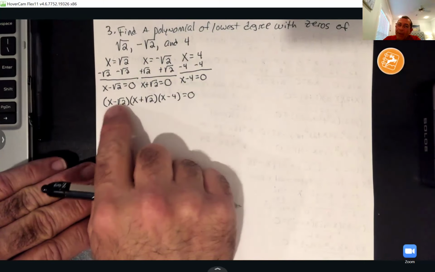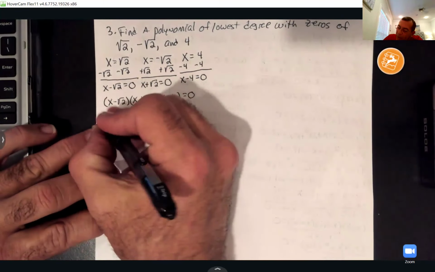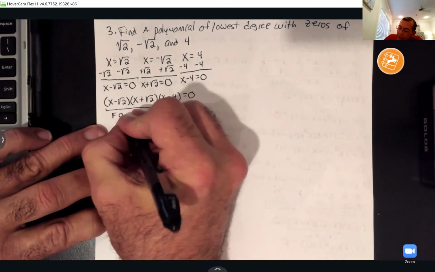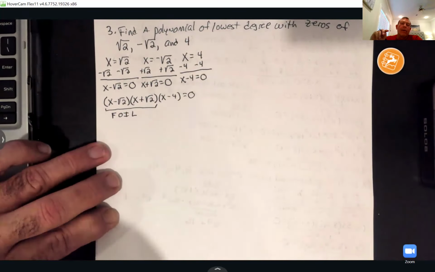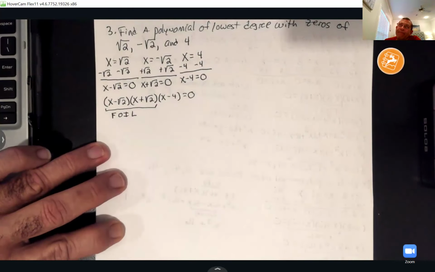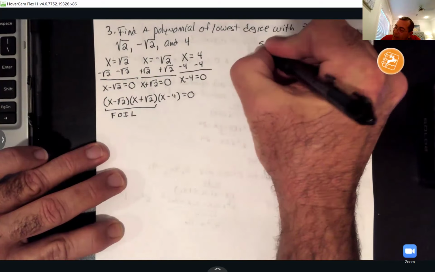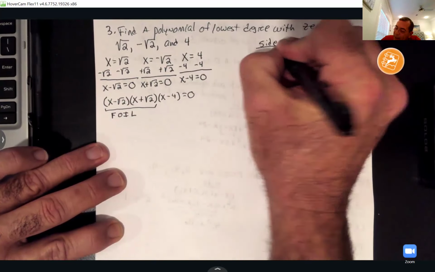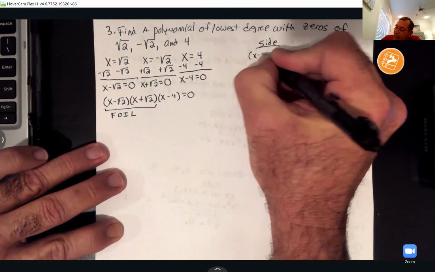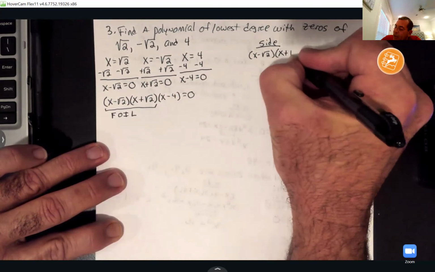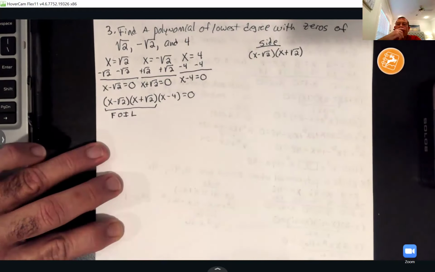Notice I got conjugate pairs here. I'm going to FOIL these first, because you're going to notice something about this when I FOIL these radicals, okay? So let's go to the side and let's FOIL that: x minus square root of 2 times x plus square root of 2.